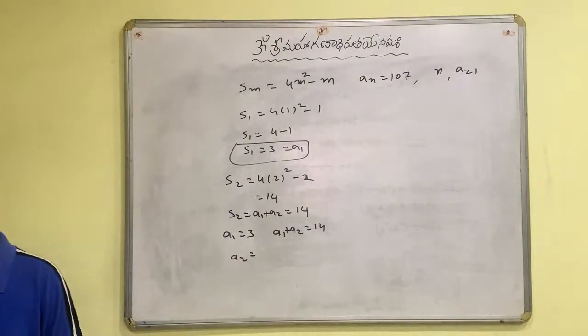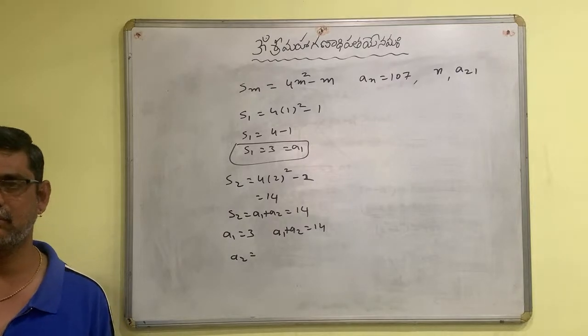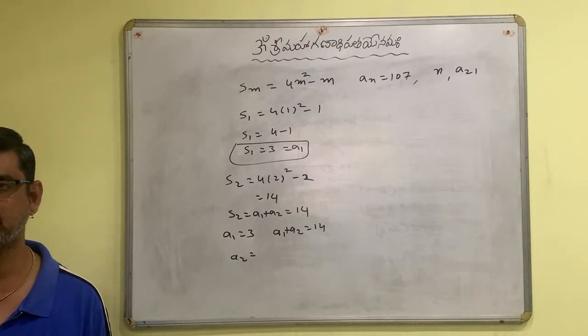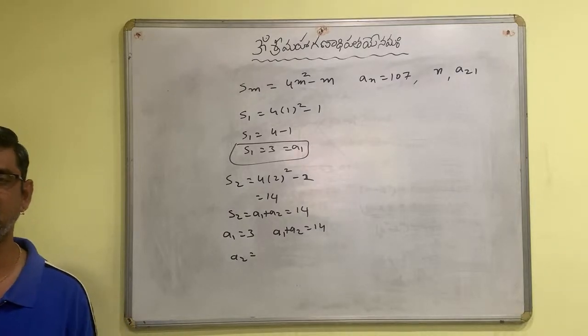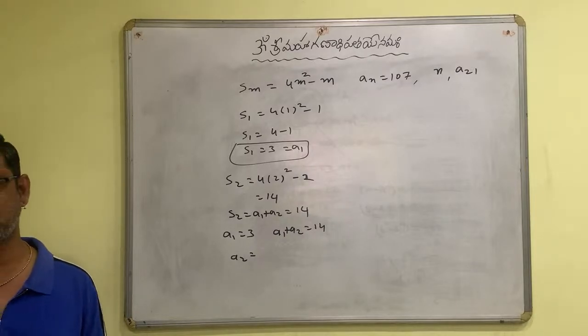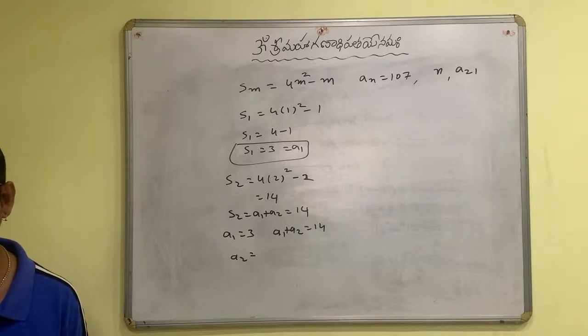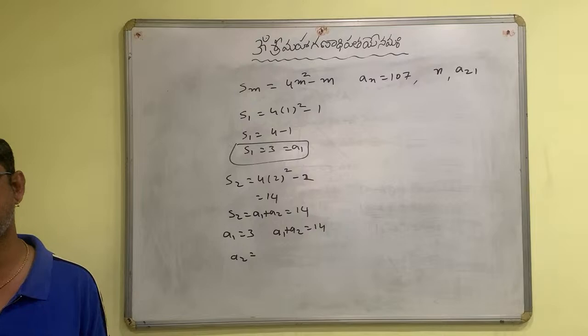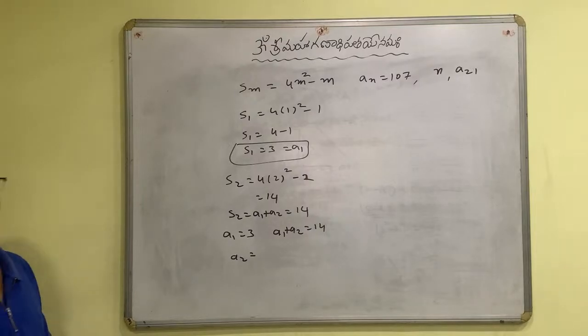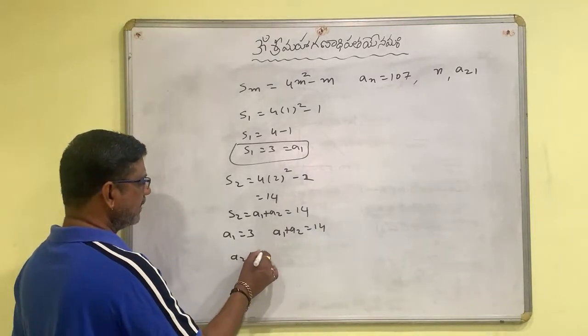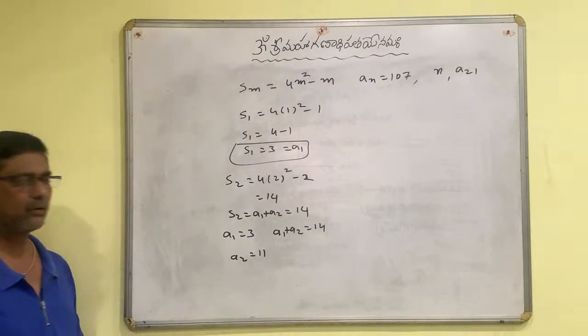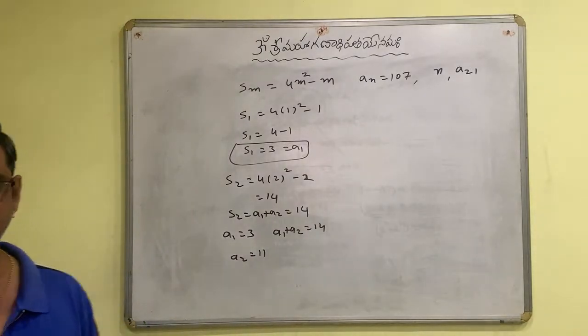Can we find out a2? a1 is 3. a1 plus a2 is 14. Then what is a2, children? a2 is 11.